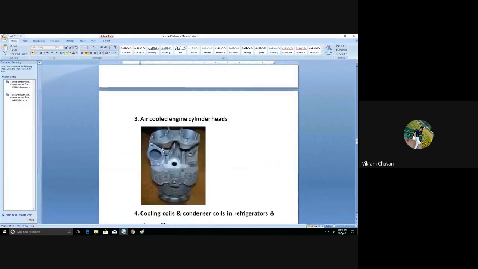Then third one, air-cooled engine cylinder heads.